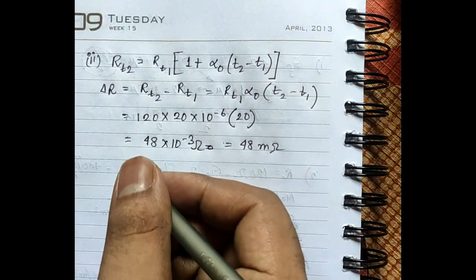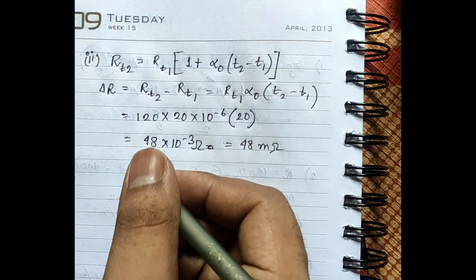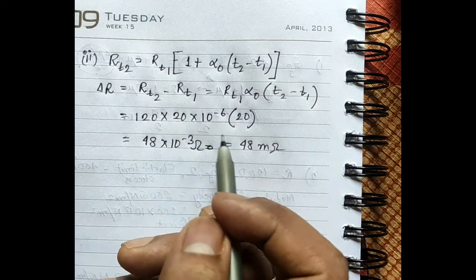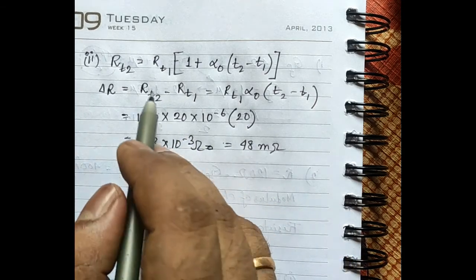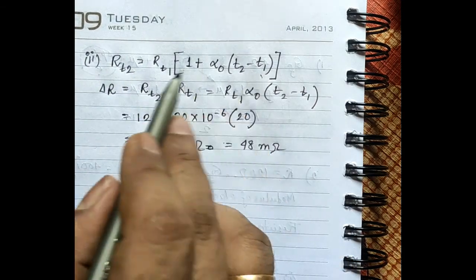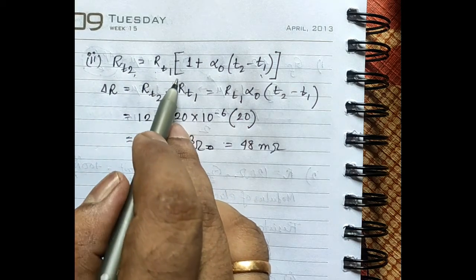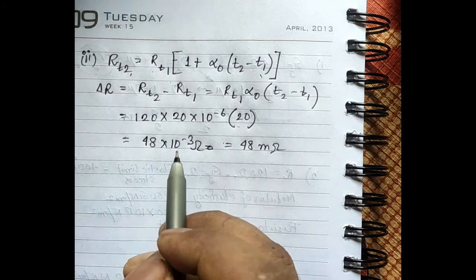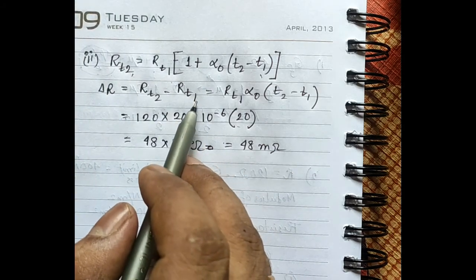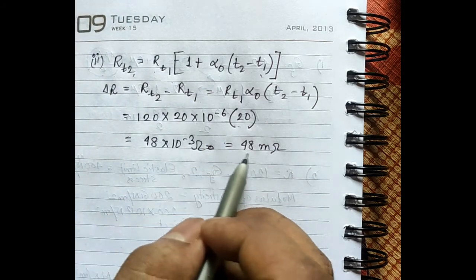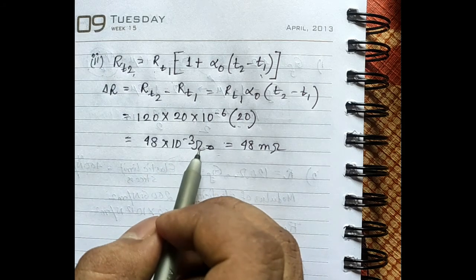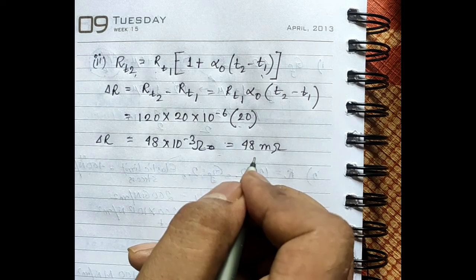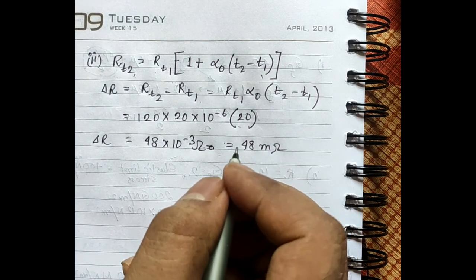Okay, so in case of this type of problem, just use this formula R_T2 equal to R_T1 into 1 plus alpha 0 into T2 minus T1, where you know all the values over here. And you can easily find out the change of resistance, del R, that is again 48 milli ohm.